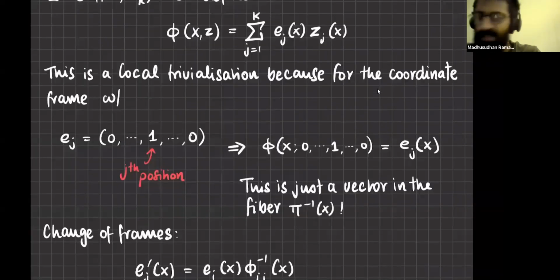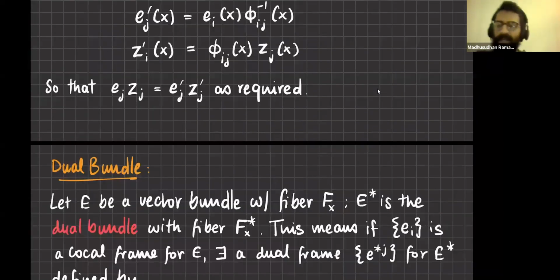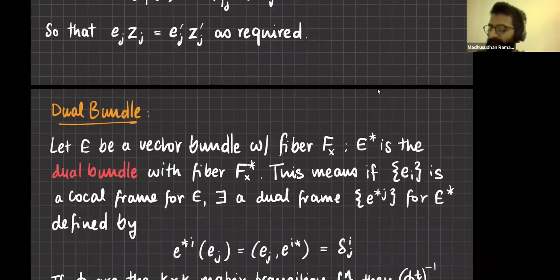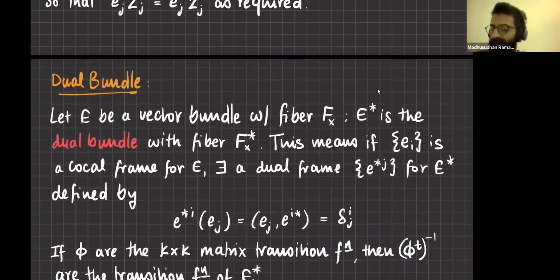What I want to mention is that all of the usual constructions associated with vector spaces can be done for vector bundles. You can take direct sums, you can take tensor products, you can construct duals. The idea is really that you just do it pointwise. So for example, the dual bundle is constructed in the following way.